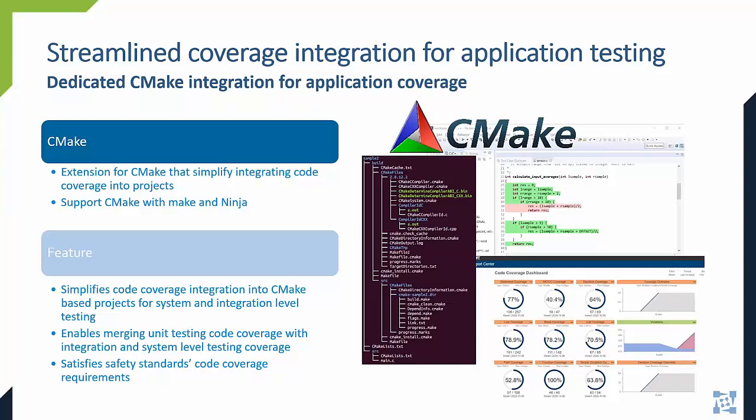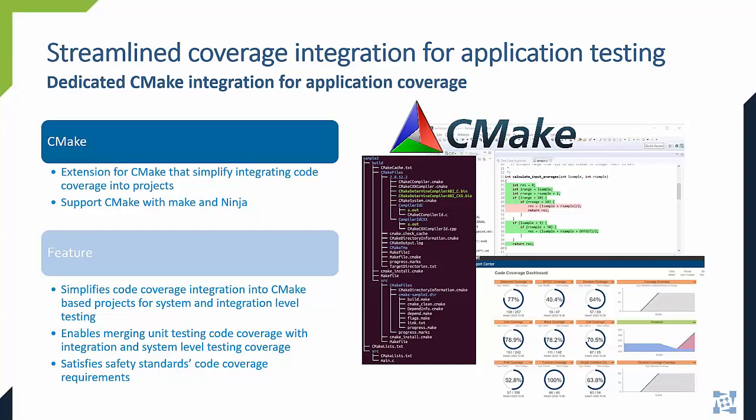We have continued to notice growing popularity in CMake, and because it's important to us in providing value to our customers, we have continued to make incremental enhancements to this integration to further make it seamless. We have extended it to enable support of structural code coverage for integration and system-level testing, and users can merge the coverage obtained through these and other methods like unit testing.